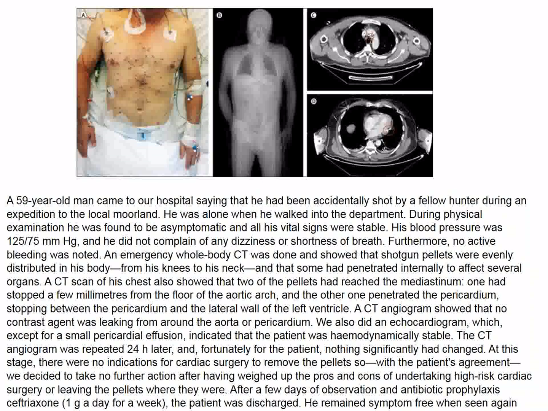CT helps a little bit, but there are a number of pellets that are also inside the pericardial sac and other interesting areas. The doctors decided to do nothing. So perhaps subsequently, we'll learn about this in several years, this patient might also get lead poisoning, as did the patient in the New England Journal.